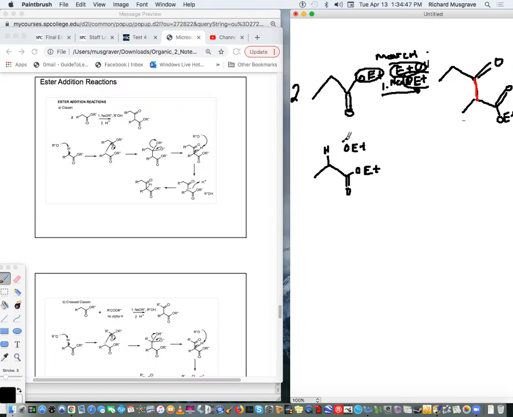The base here is OEt minus, which removes the alpha hydrogen, just like I did before when we were using the OMe minus. That's the same thing.